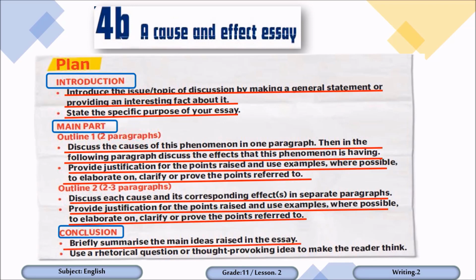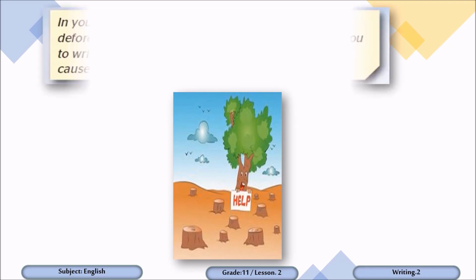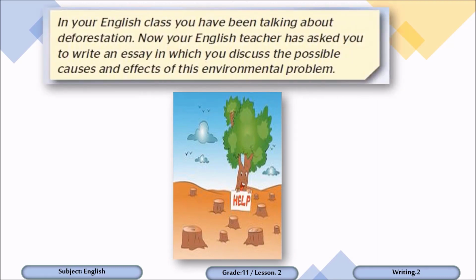Then we come to the conclusion that briefly summarizes the main ideas in the essay, and we usually use a rhetorical question, as you know, to start and to end the essay. Dear students, before planning the essay, let's read again the task.